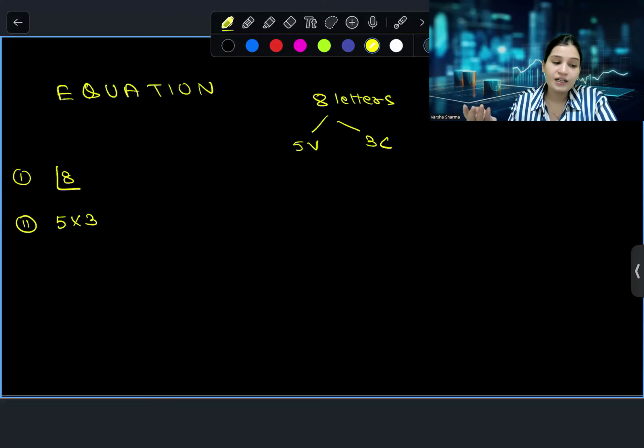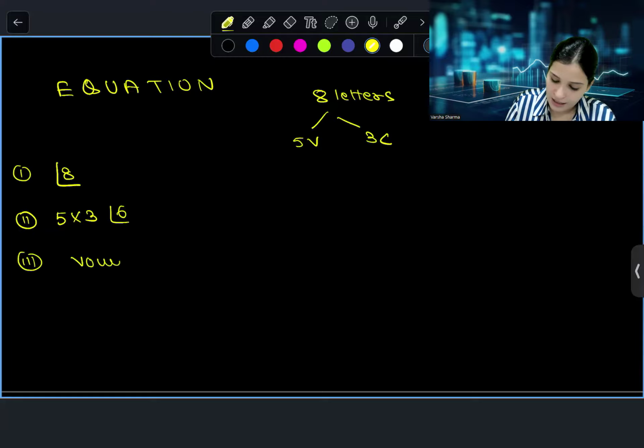Out of 8 letters, 1 letter sits in the first place, 1 letter sits in the last place, 2 are gone. So now the remaining 6 letters, do I need to make a specific selection? No, my job is only to arrange them. So those remaining 6 letters can be directly arranged by 6 factorial. Yes, ma'am.